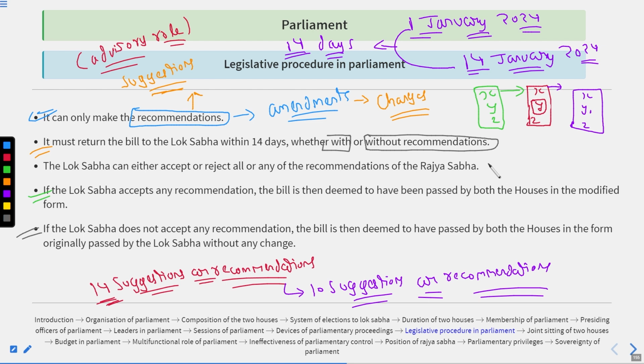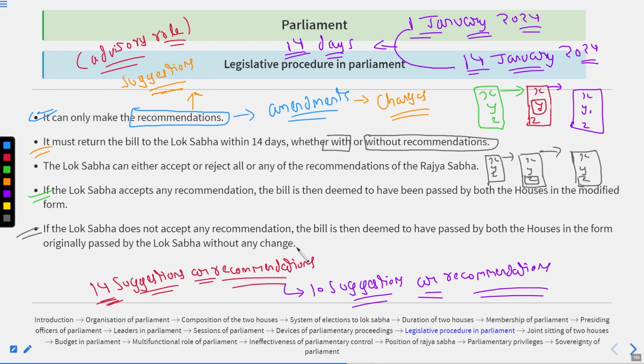It means that suppose X, Y, and Z, the bill is sent to the Rajya Sabha as X, Y, and Z. And basically the Rajya Sabha gives recommendations and suggestions to alter the provisions of Z. And if the Lok Sabha does not approve it, still the bill would be passed as X, Y, and Z as it is.